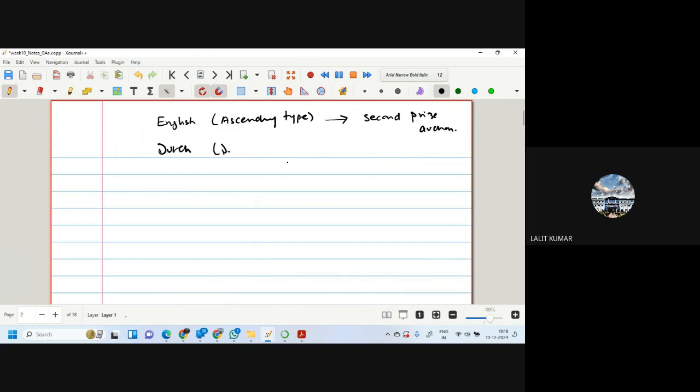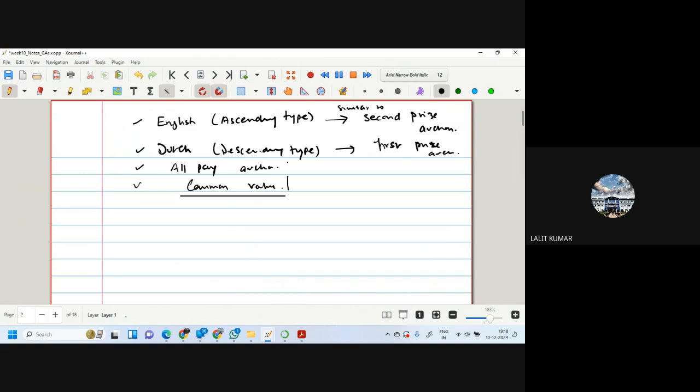Dutch is the descending type, and it is akin to a first price auction. Then third is the all pay auction, and fourth is the common value auction. Common value, for example, is not an auction but a type.